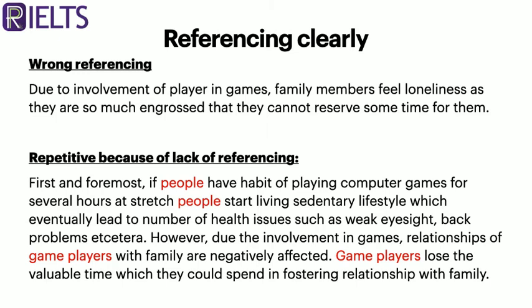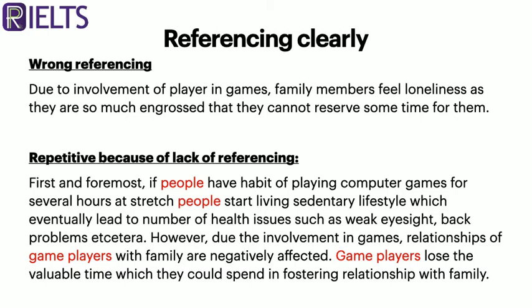Coming to the next slide, you should use referencing clearly, right? For example, I have given an example of wrong referencing. Due to involvement of players in games, family members feel loneliness as they are so much engrossed that they cannot reserve some time for them. So I have used the word 'they' to refer, right? But in the second line, can you tell me for whom I have used this 'they'?